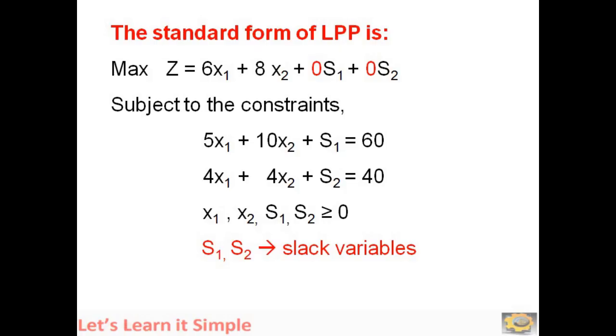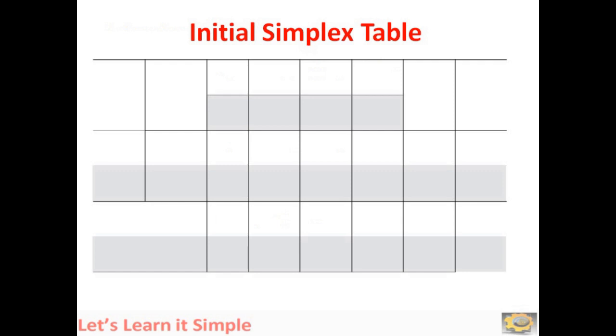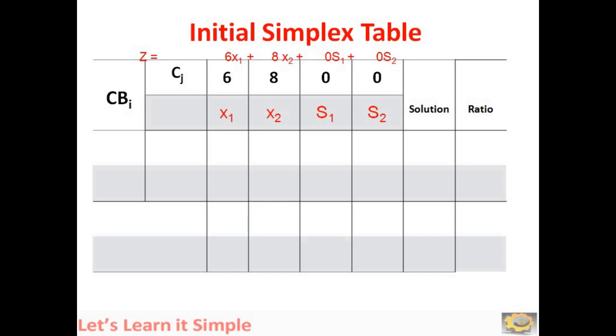After converting the given LPP into standard form, now we need to draw the initial simplex table like this. In the initial simplex table, based on the objective function, we have the variables x1, x2, s1, s2, because after adding s1, s2, the new objective function is here. Now what does this Cj represent?